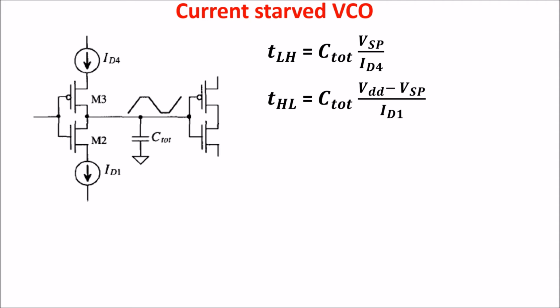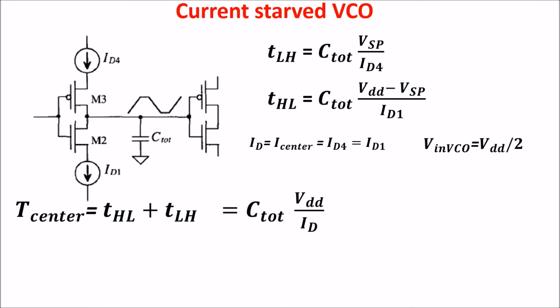We want to set the center frequency, which is the working frequency, so that the input voltage Vin VCO is equal to VDD half and ID4 is equal to ID1. Then the total period is C tot times VDD divided by the current ID, and the frequency for n stages, with n an odd number, is this.